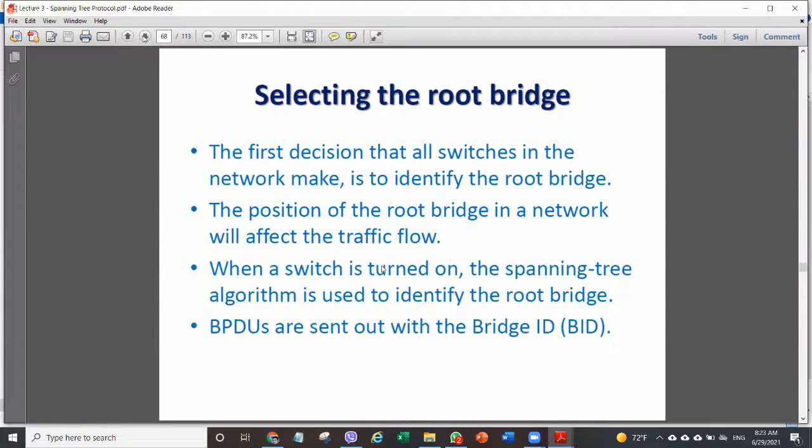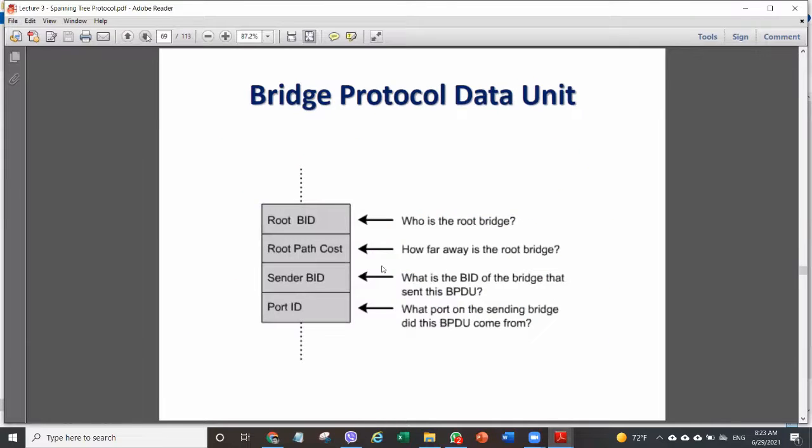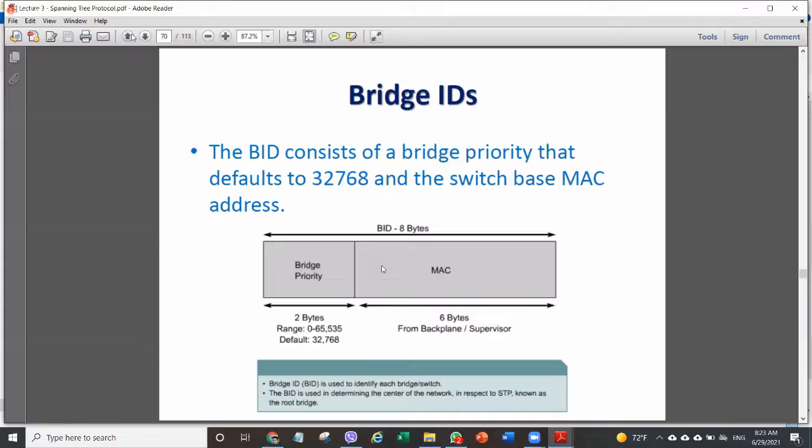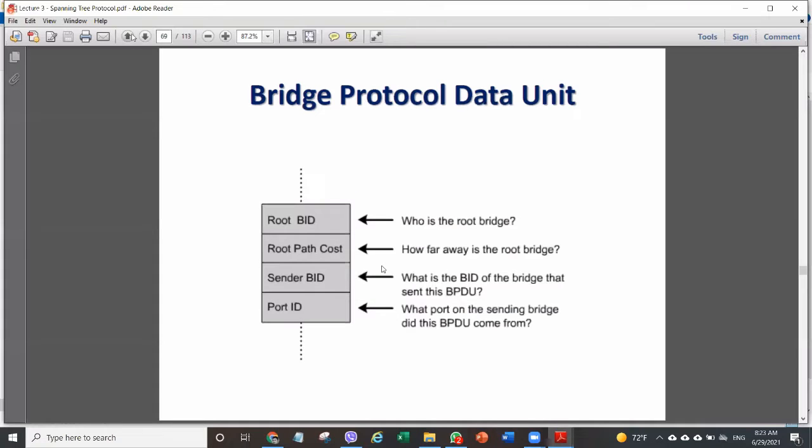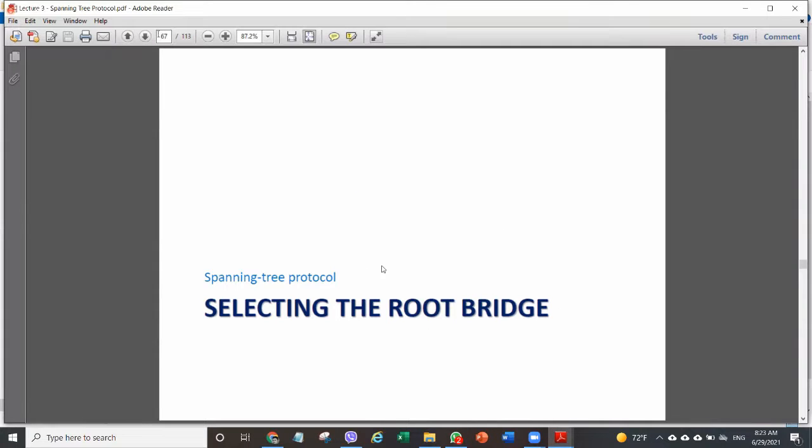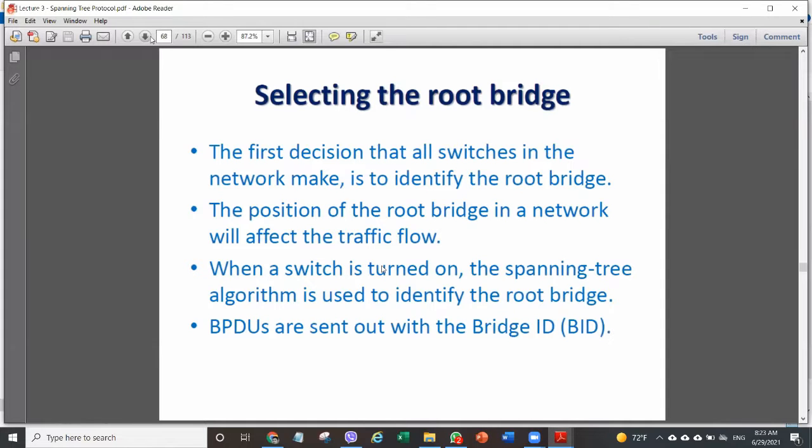I think the same set of slides were repeated here. Couple of slides are repeating these things. There is no extra information with that anyway. Again, just discussing how the root bridge is finalized, right? Let's move forward.